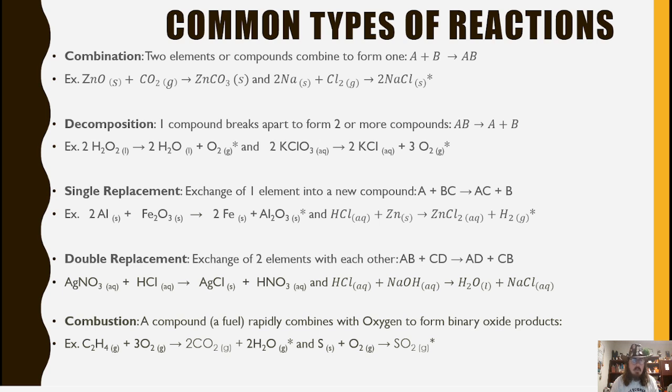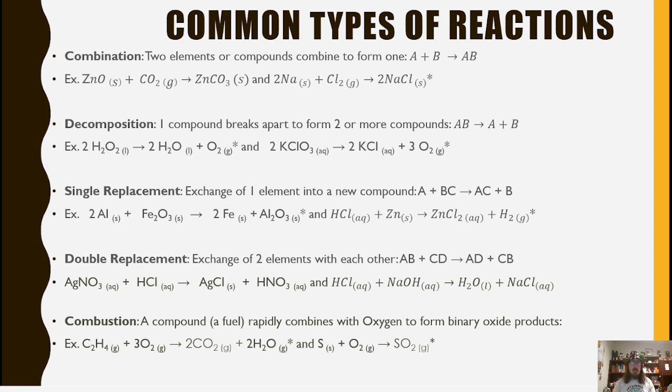When we're saying replacement, we are swapping out one pair. A single replacement means we're swapping out one element within a pair. This is the key thing for this. This one is an element and a compound that react and swap places.